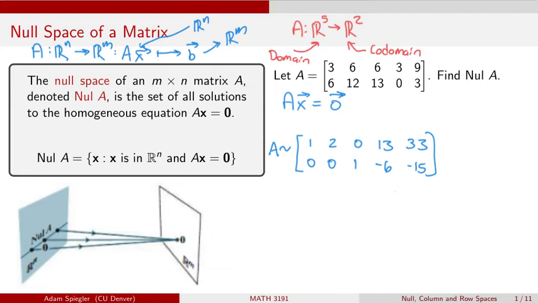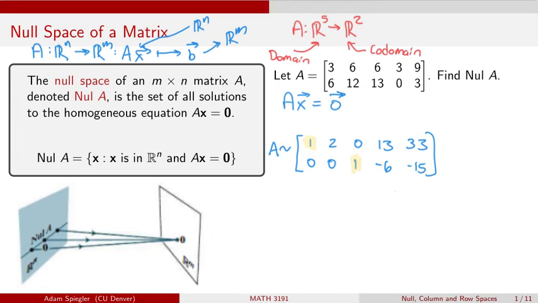What's important to note here is we have two pivot entries. I have a pivot in column 1. There's no pivot in column 2. Then I have a second pivot in column 3. And there are no pivots in column 4 or column 5.